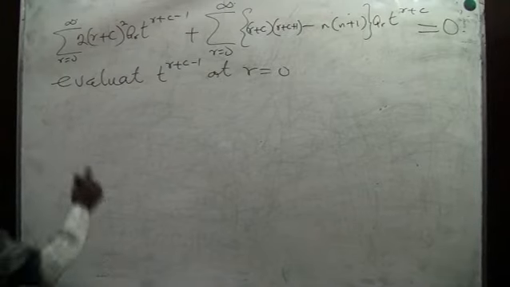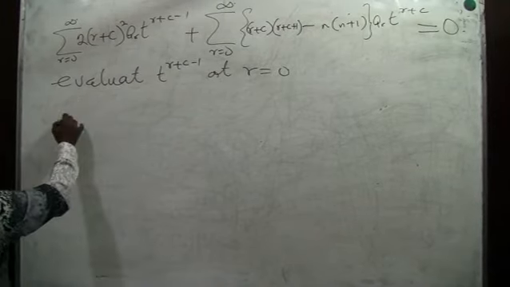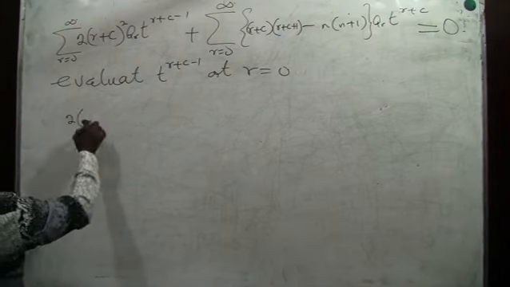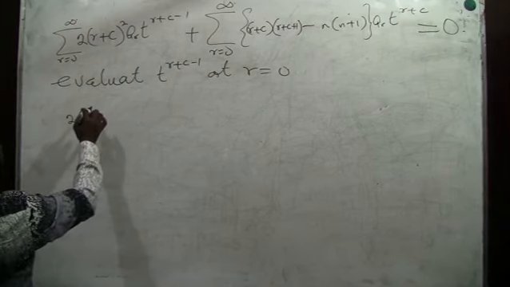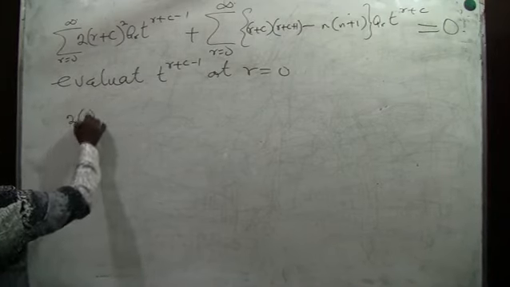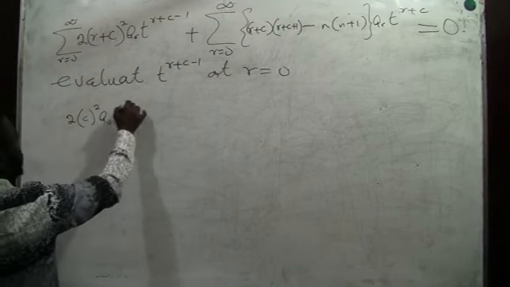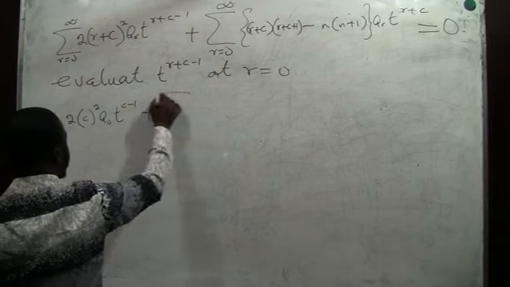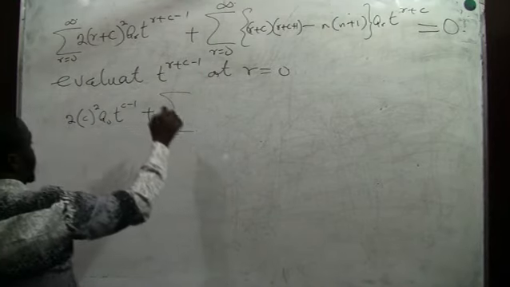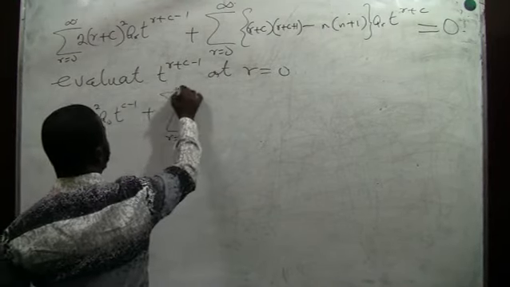We have 2 (r equals to 0) c squared a naught t raised power c minus 1 plus summation r from 0 to infinity.